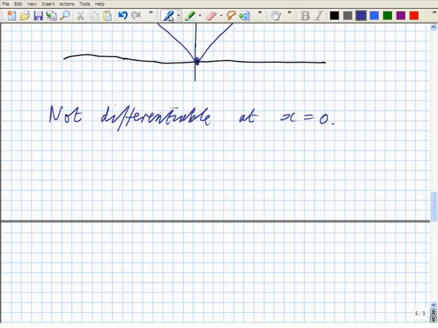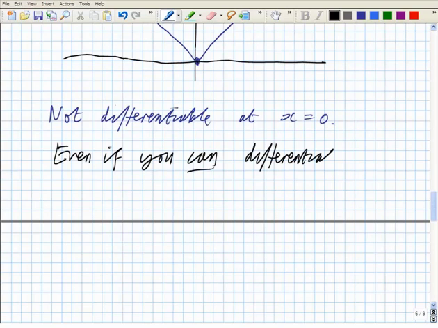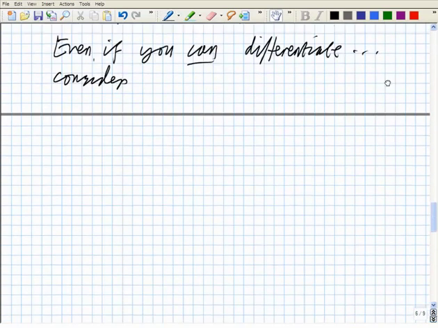So what trouble can you get into? Well, let me remind you of another strange function that you met in first year, the function e to the minus 1 over x squared. So even if you can differentiate, let's consider the following function.